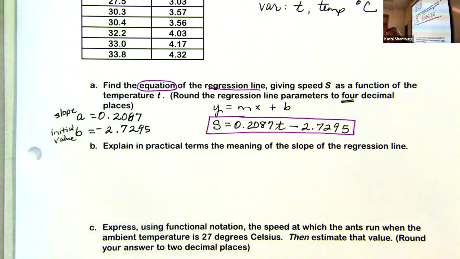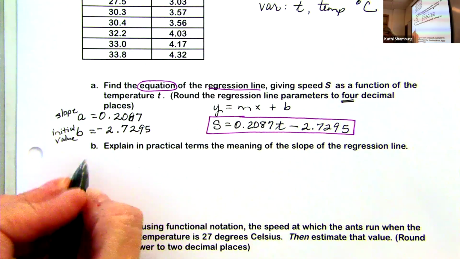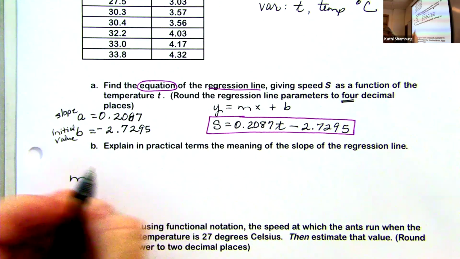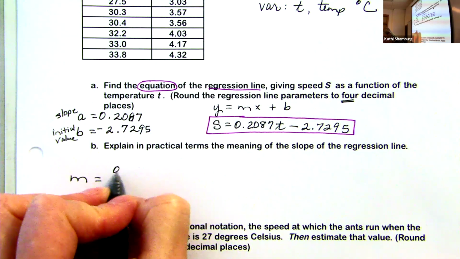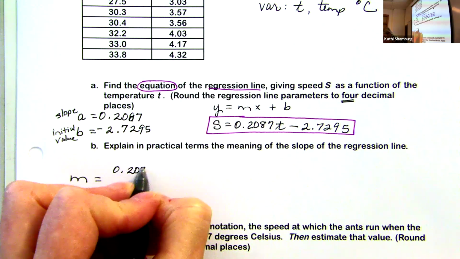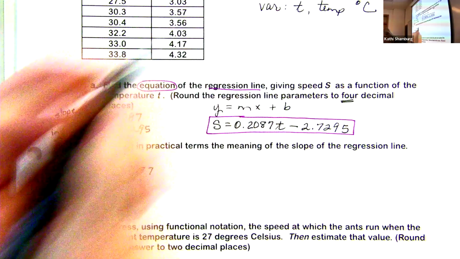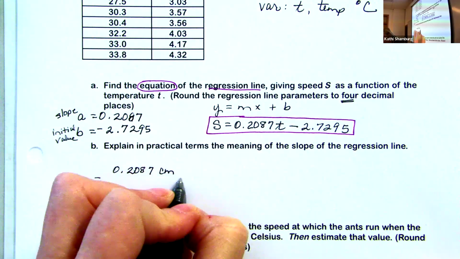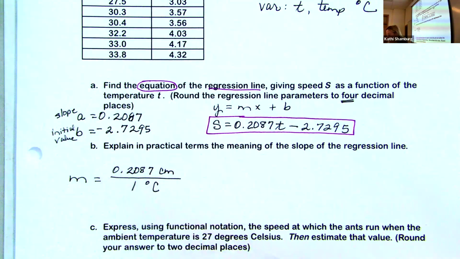All right, explain in practical terms. So the slope is 0.2087. The S in centimeters over what? 1 degree Celsius.